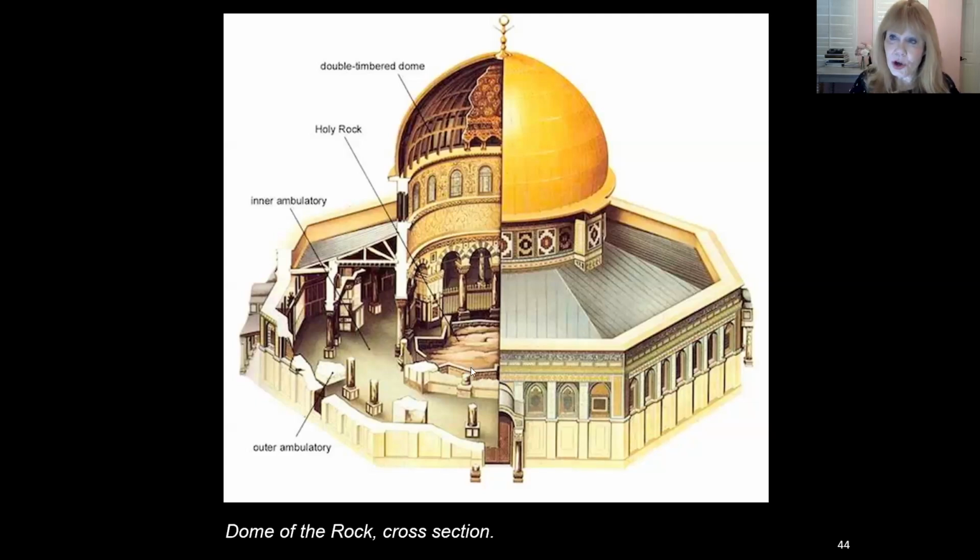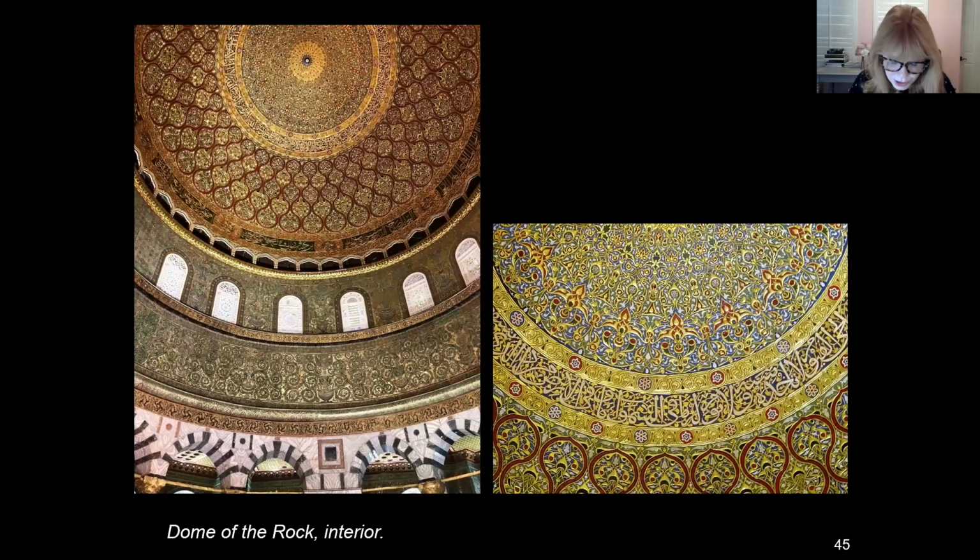So it's, as you know, a site that is sacred to all three religions. And as we go into the interior, we'll find all of these arabesques and calligraphy all around.